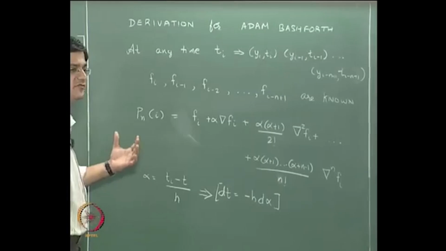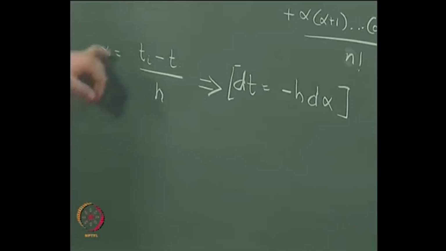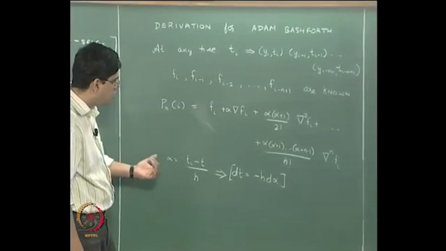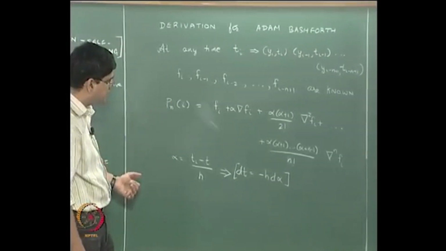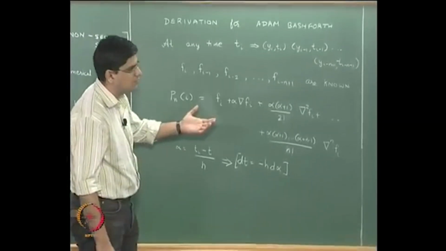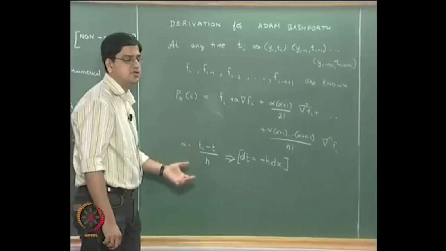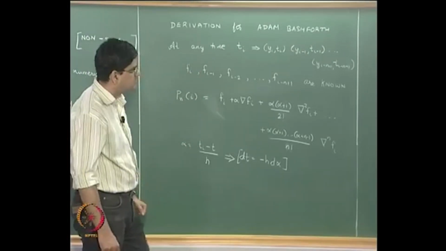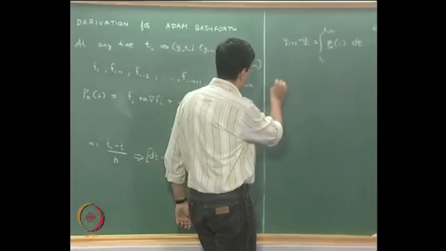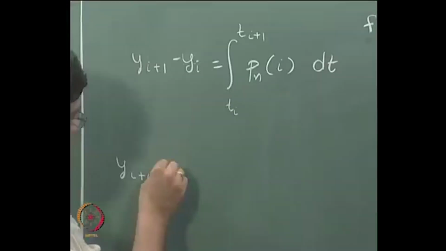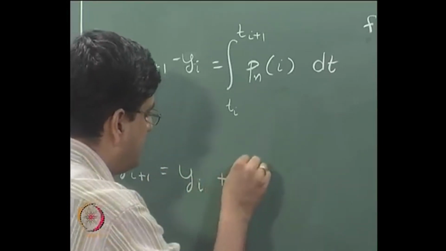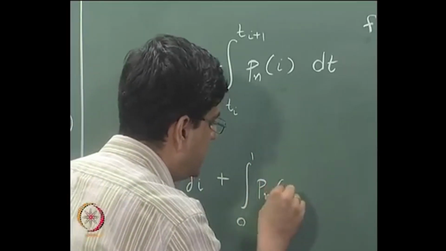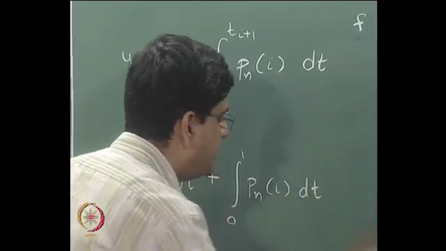And note that we are integrating from ti to ti plus 1. ti represents 0, ti plus 1 equals minus 1. So, the limits of integration are going to be from 0 to minus 1, and we can substitute alpha equal to minus alpha and redo and solve this particular derivation, and we will be able to get y i plus 1 is going to be equal to y i plus the integral from 0 to 1 of Pn i d alpha.